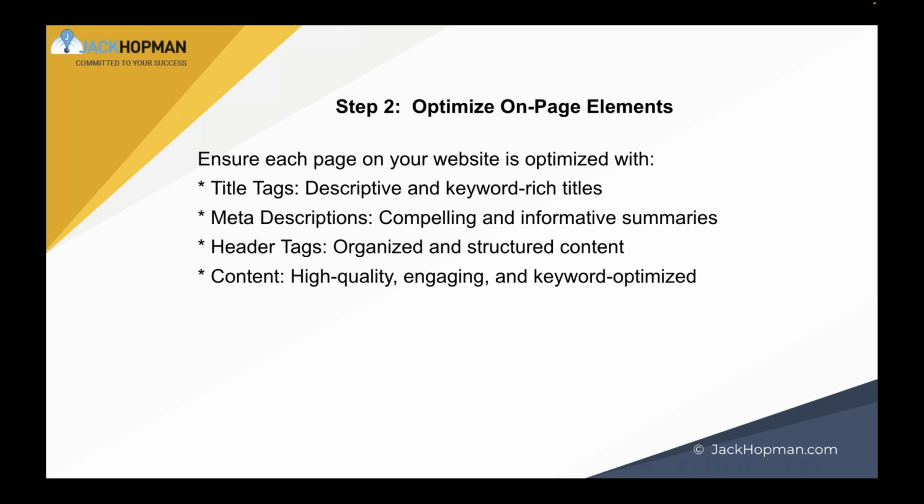Step number two, ensure each page of your website is optimized with title tags so that you show up nice in the Google search page. Meta description, so that you describe what the website is about, so before they click on your website, they can read the short sentence description of what your website is about.